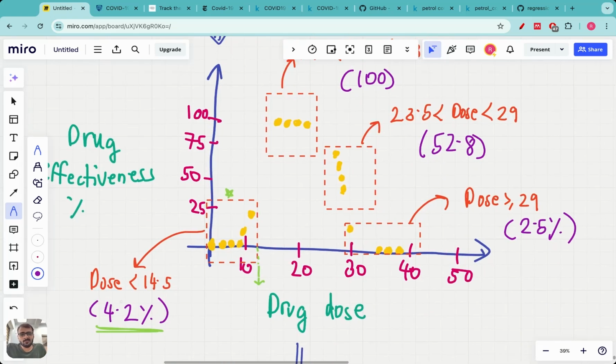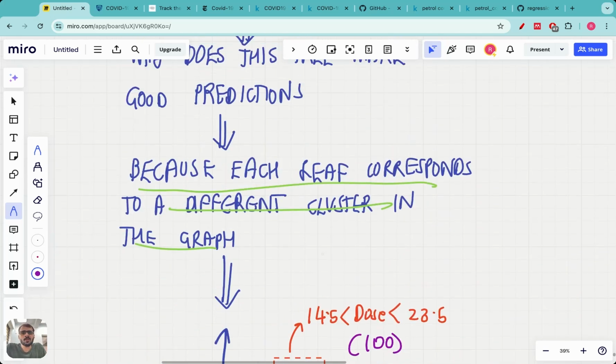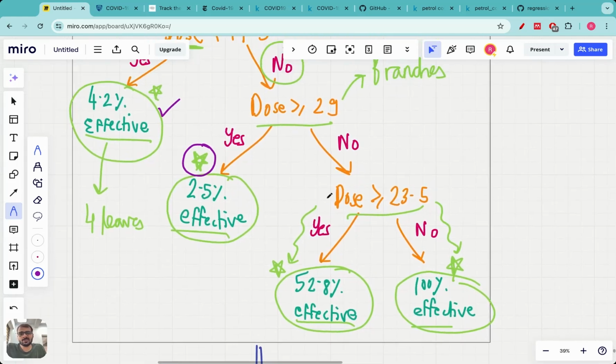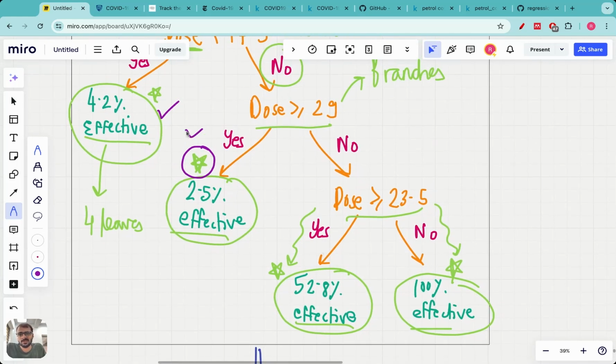So let's see where greater than or equal to 29 is. It's this box over here. This is where dose is greater than or equal to 29, it's this cluster, and we are saying that the effectiveness is 2.5%, and that indeed makes sense for this entire cluster. Now let's look at the further branch. So now this leaf is done.